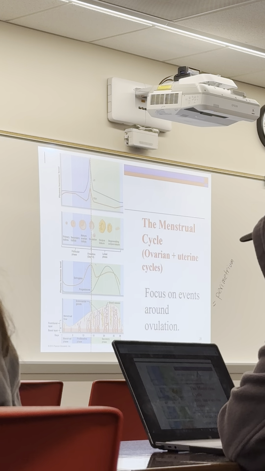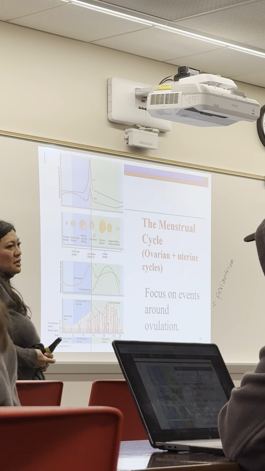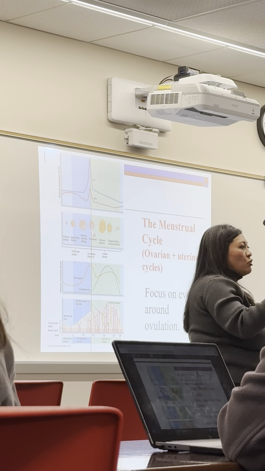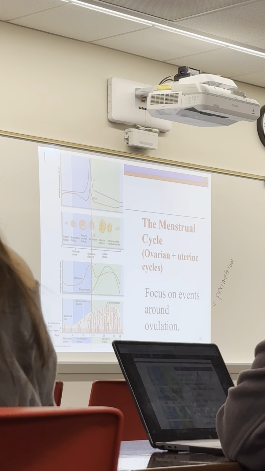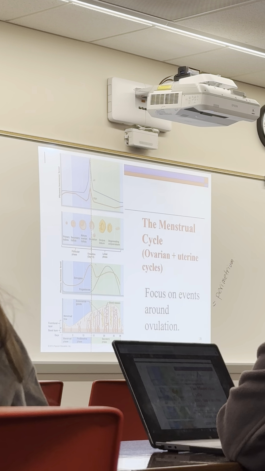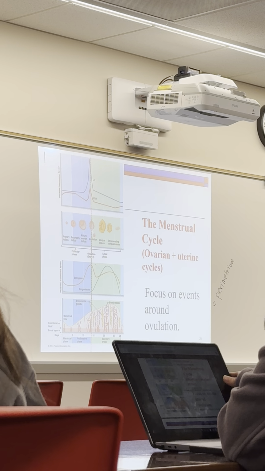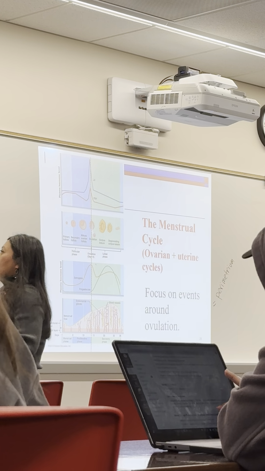HCG stands for human chorionic gonadotropin. The human chorionic part only tells you that this is a result of the embryo starting to develop. In other words, HCG is something that a woman does not make readily. This is something from the embryo. The G part is really important though.